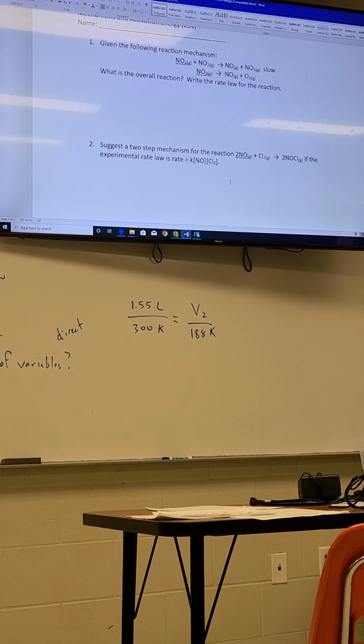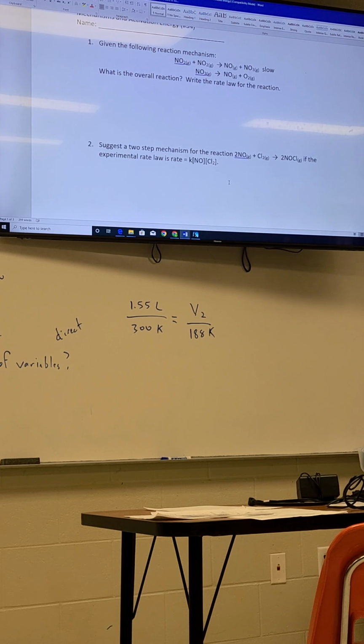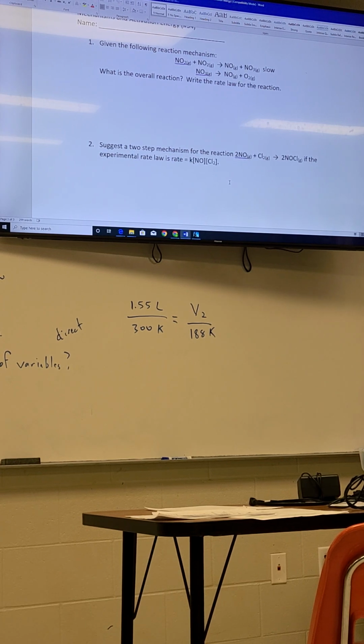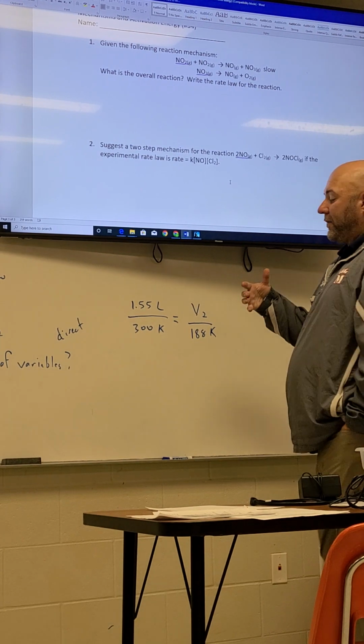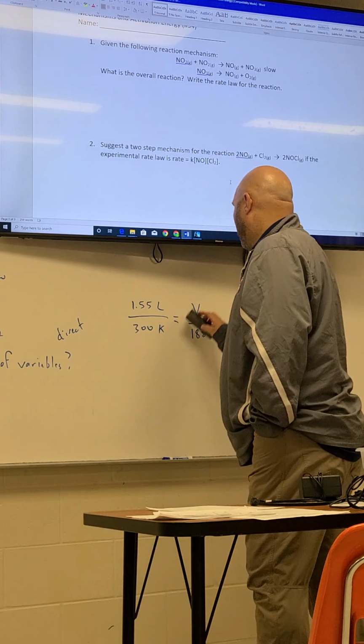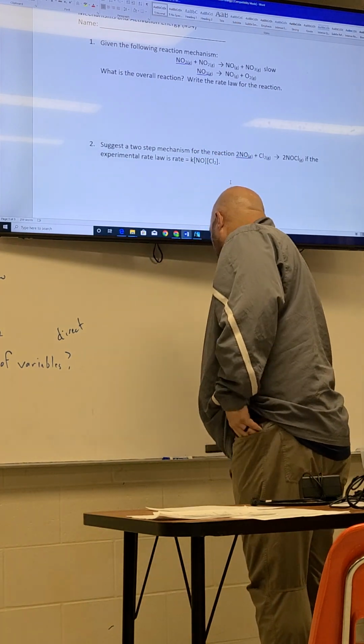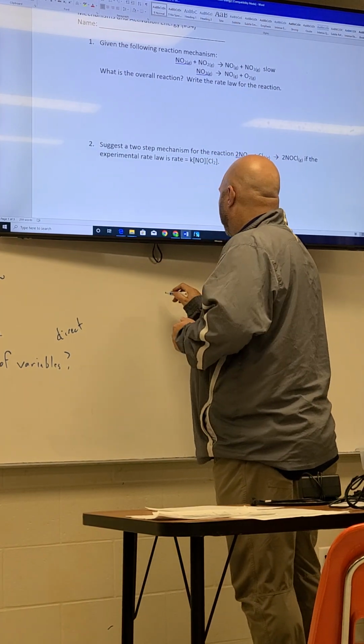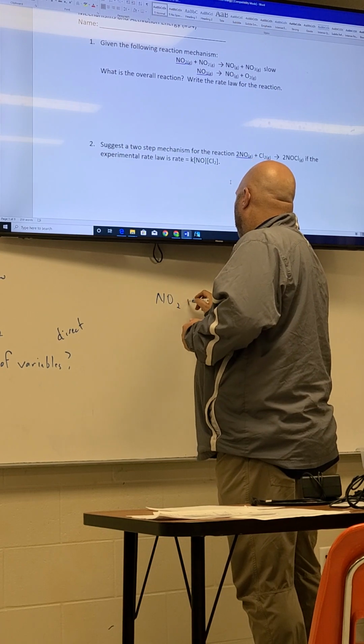It's not a coincidence. But we have two NOs on the left, so we can write that as 2 NO2. Yes. So then that gets rid of all the differences.